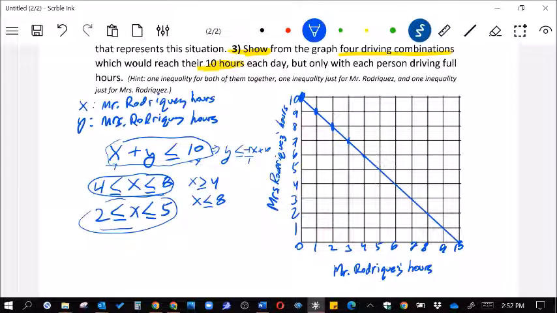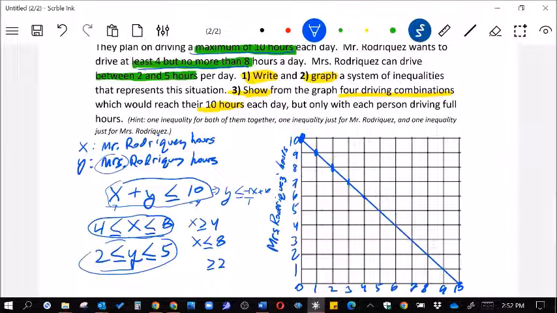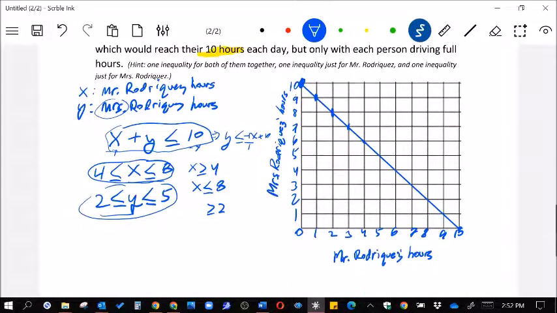So first we'll do the x greater than or equal to 2. Oh, wait a minute, watch out. That's not x, that's y, because that's for Mrs. Rodriguez's hours. Between 2 and 5 is for Mrs. Rodriguez, so it's very important to get the y there. It's very easy to make a mistake and put x instead of y like I did.